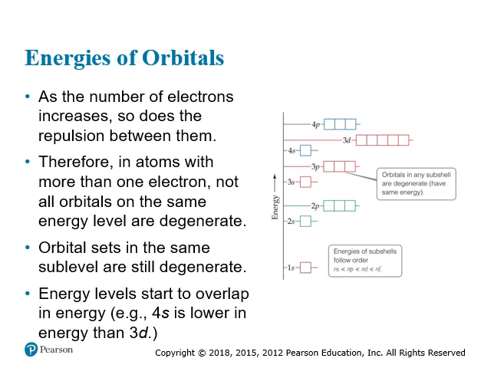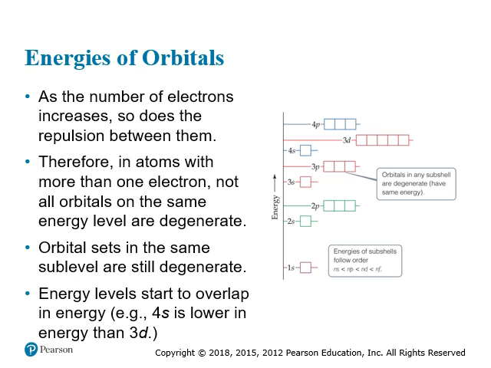Orbitals that are of the same sublevel are indeed degenerate, but s orbitals in the 3rd energy level do not have the same energy as p orbitals in the 3rd energy level.